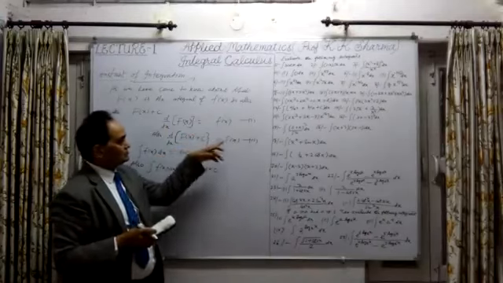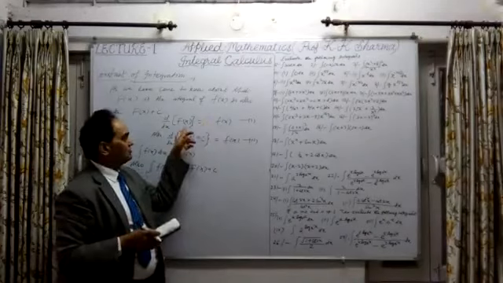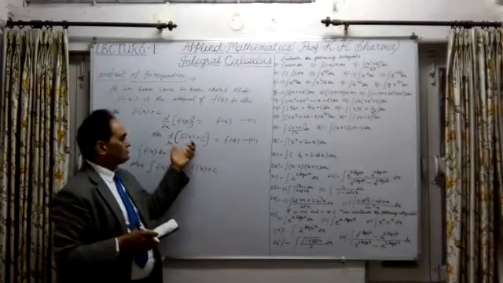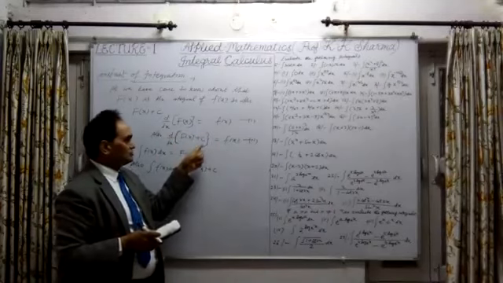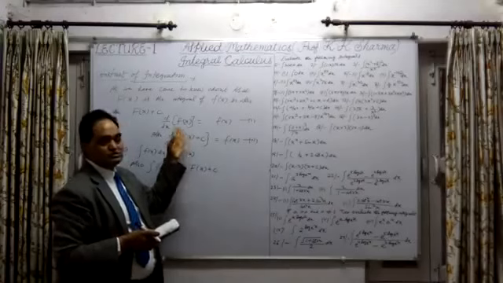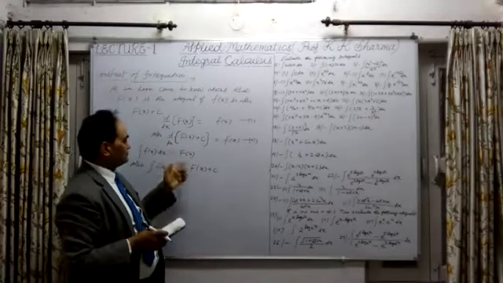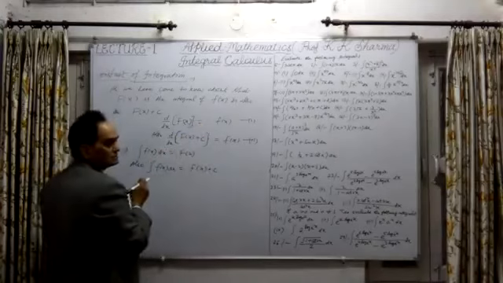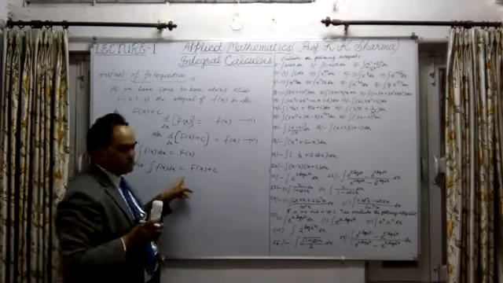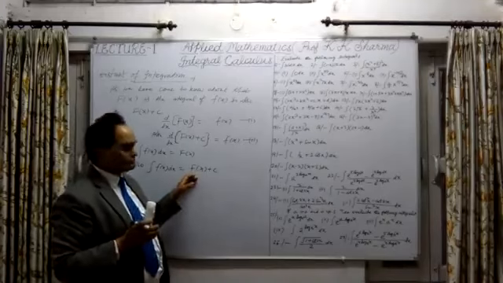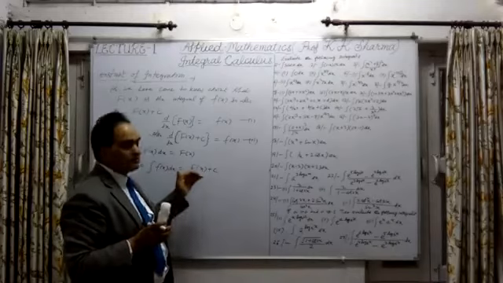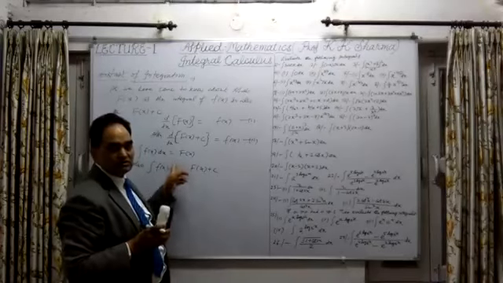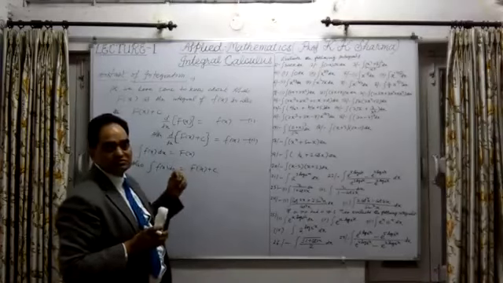That the integration of f(x) is equal to F(x), and also equal to F(x) plus c. Why? Because the differentiation of these is the same thing, f(x), since the derivative of a constant is 0, so no change here. So differentiation of these two is the same, but integration of these two will be different. So it is said that the integral of the same function may differ by a constant.